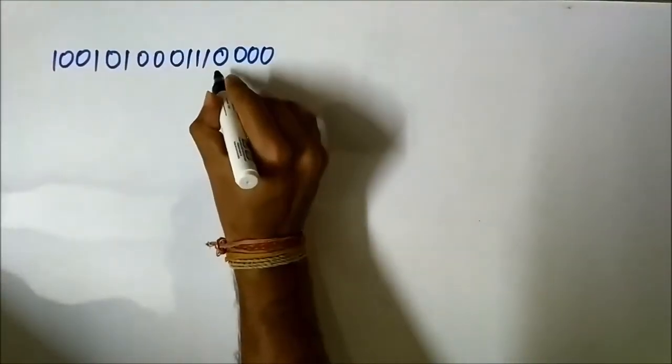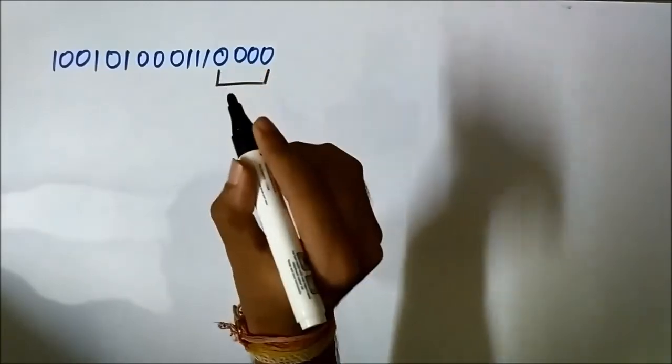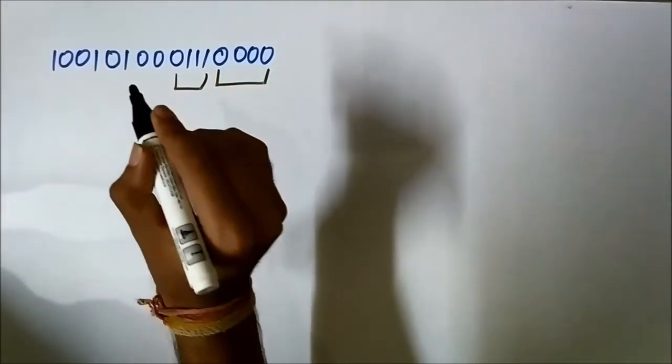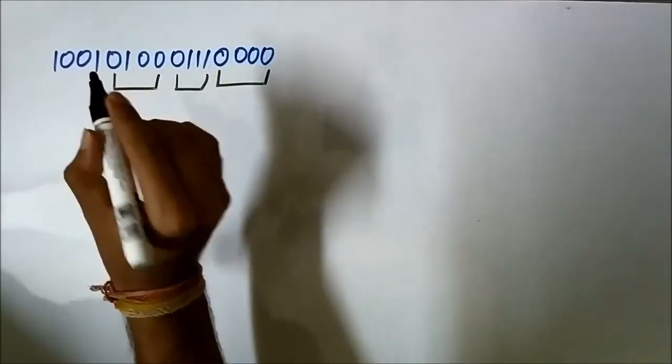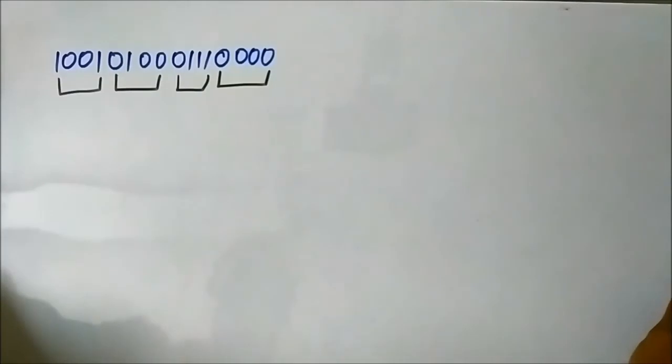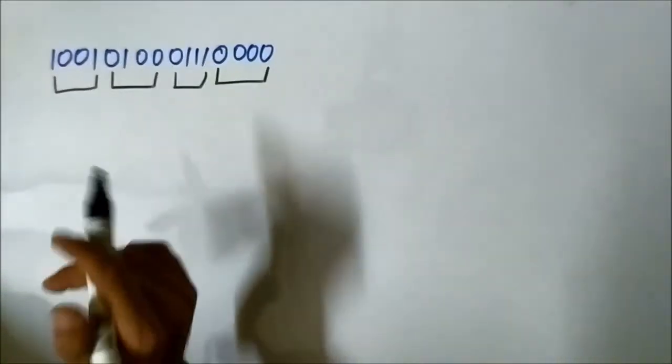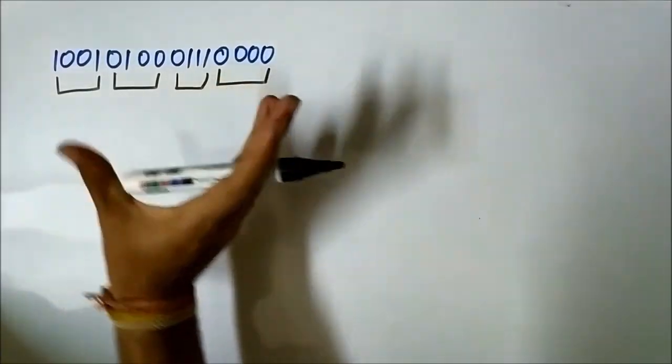Here also the step is the same. We have to make 4-bit groupings. This is one group, this is one group, this is one group, and this is one group. Total four 4-bit groups are formed.